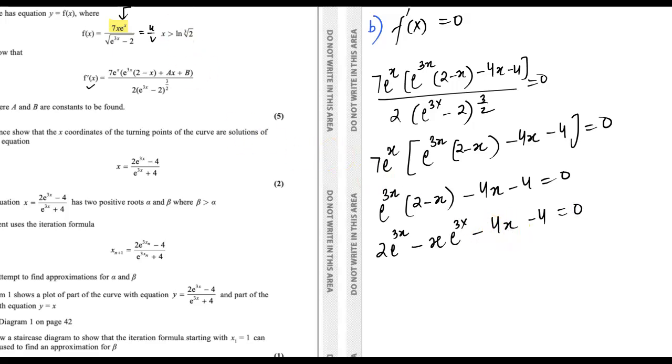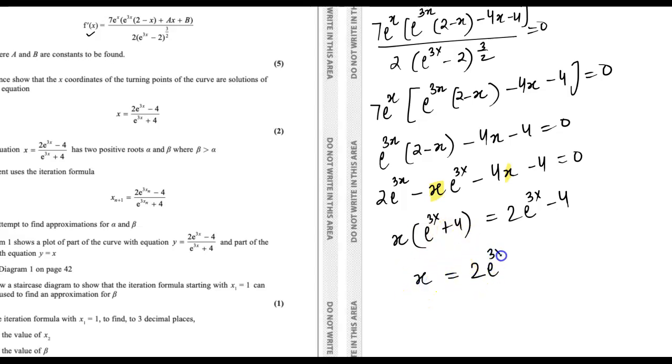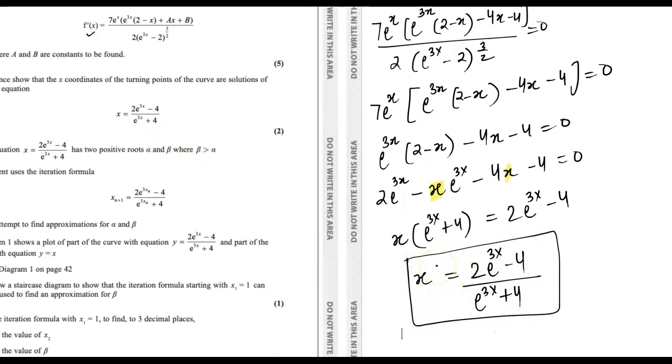If we take x common and move it to that side, we get x e to the power 3x plus 4 equal to 2 e to the power 3x minus 4. Just divide by this, so x is 2 e to the power 3x minus 4 over e to the power 3x plus 4. And this is what we were supposed to show.